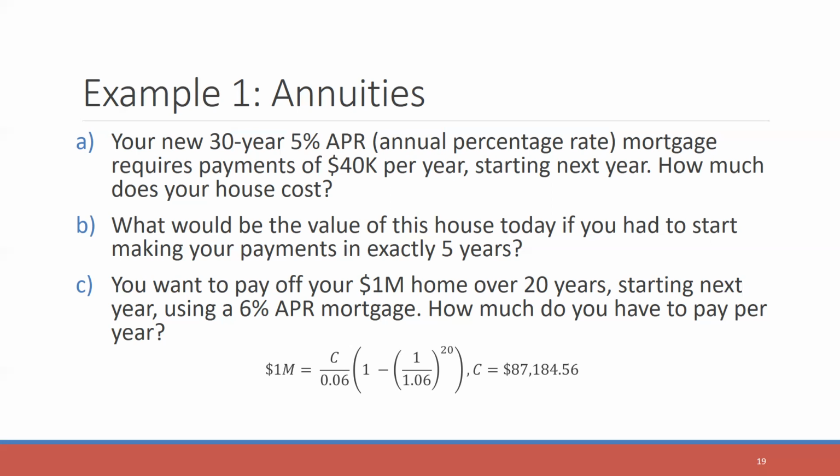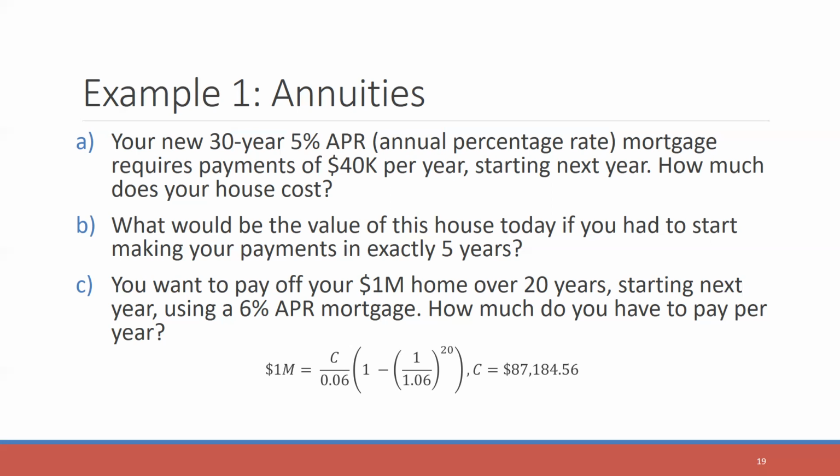Part C, you want to pay off your $1 million home. You did really well. I'm proud of you. You want to pay off your $1 million home over 20 years, starting next year using a 6% APR mortgage. How much do you have to pay per year? So in this example, what are we doing?